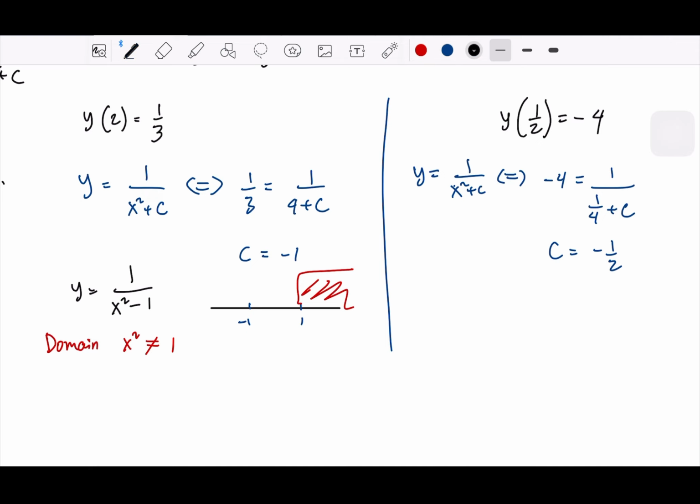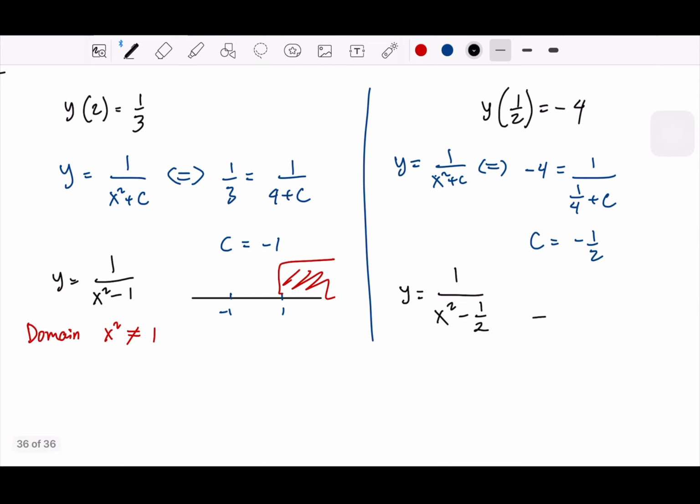Now from the equation, this is going to be 1 over 2. The same way we did before, x squared is not equal to half, right? That's our domain. So we have this and this. Now the question is, where does the point lie?